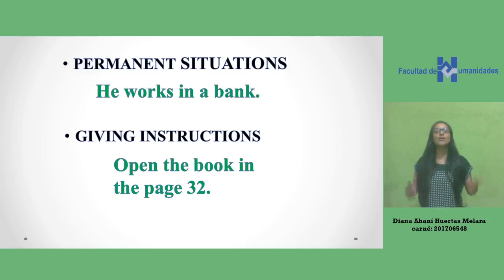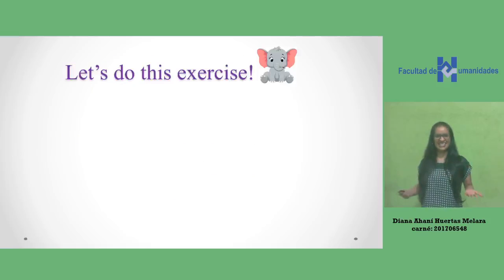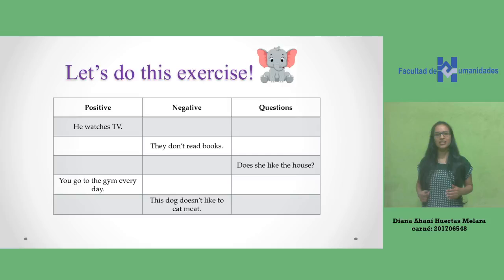So now that we already know the structure of simple present and in which moment we have to use it, let's do this exercise. We have a chart where we can see positive, negative, and questions. And we have some sentences. So let's see the first one. The first one is in positive way, and it says, he watches TV. The second one is negative, and it says, they don't read books.